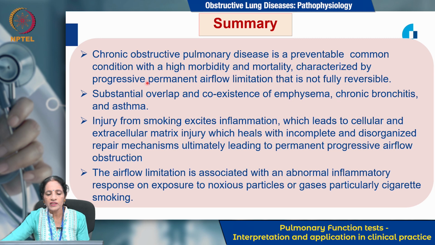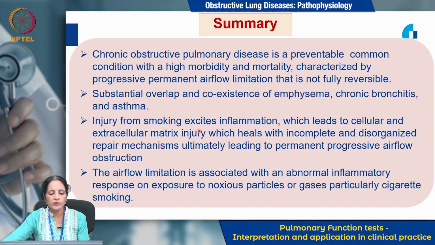There is substantial overlap and coexistence of the types, that is emphysema, chronic bronchitis and bronchial asthma, which may occur in many patients. So, we will have to be careful which disease is predominant, and treat the patient accordingly.